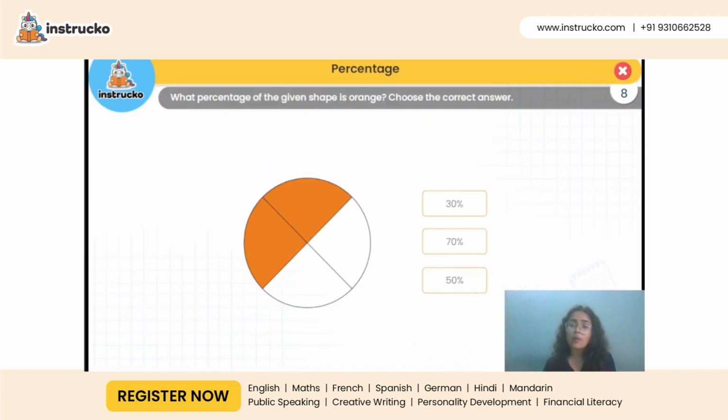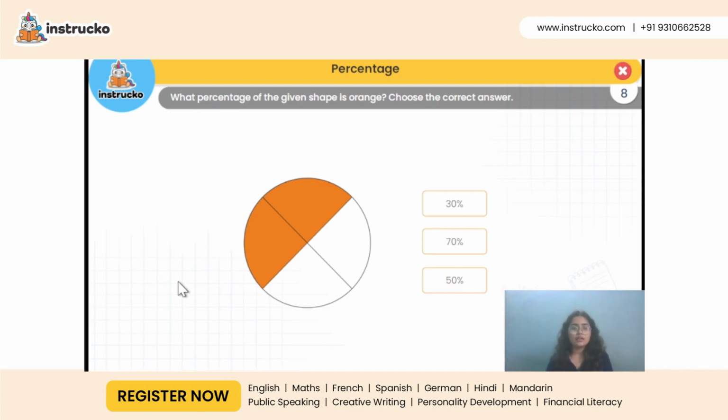And now I have shapes. So from boxes we moved on to shapes. That is one whole circle, and we have half of that circle shaded orange. Now when I say half of something, what percentage do we mean? Half. We can again understand this problem by using the boxes.